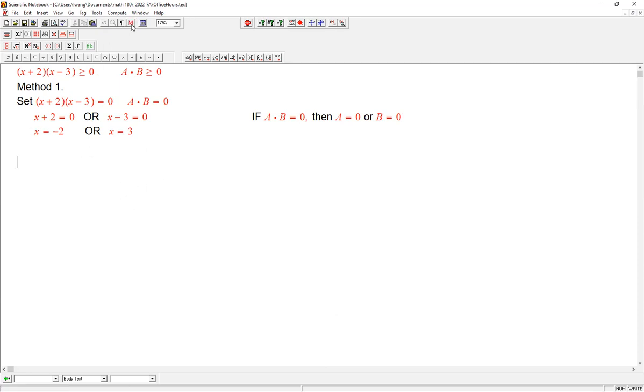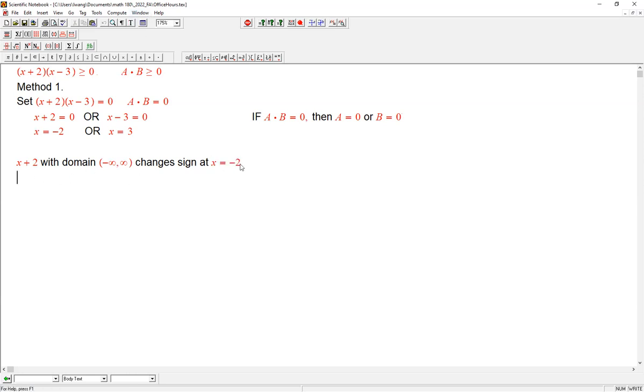Obviously, X plus 2 has a domain of all real numbers, from negative infinity to positive infinity, and it changes sign at X equals negative 2.